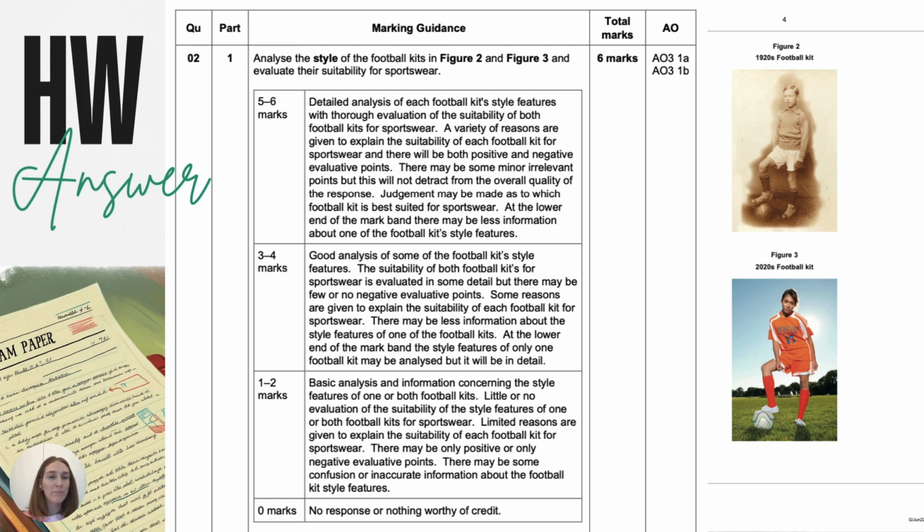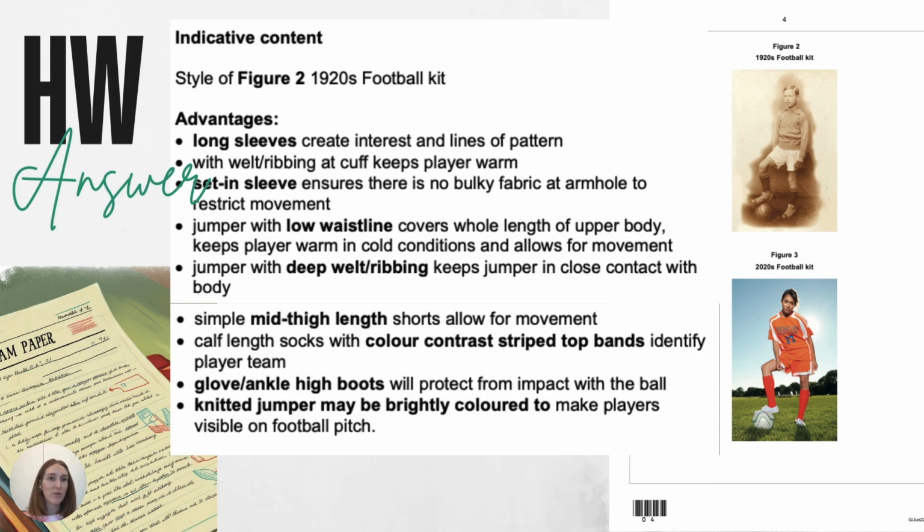So you need to make sure that you have given a variety of reasons to explain the suitability of each football kit for sportswear. Okay, so there's indicative content that you could include. Some of these we thought were a bit strange. It's usually the case, and some of them seem obvious. So again, this is something that's come up before.